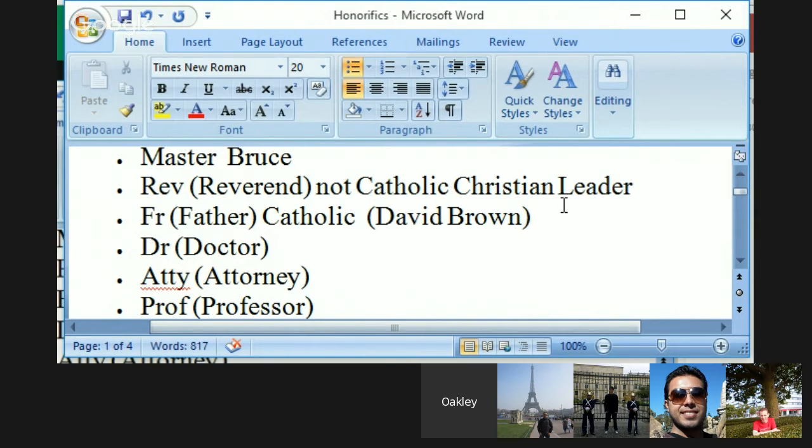And same thing with Reverend, actually. We often say Reverend Brown, or their whole name, Reverend Jesse Jackson, for example, Reverend Martin Luther King. But in common day-to-day casual talking outside the church, it's very common to just use the honorific only.